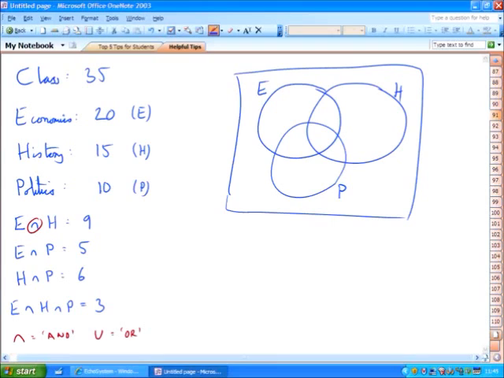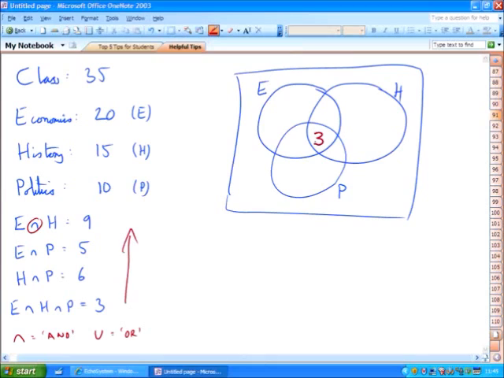Right, so what I want to do is to work out how many students are located in each particular segment of this Venn diagram. So I'm going to work backwards through the information I've got. First of all, I know that there are 3 students who study economics, history and politics. Where does this go in my Venn diagram? Well, this I'm going to put in here.